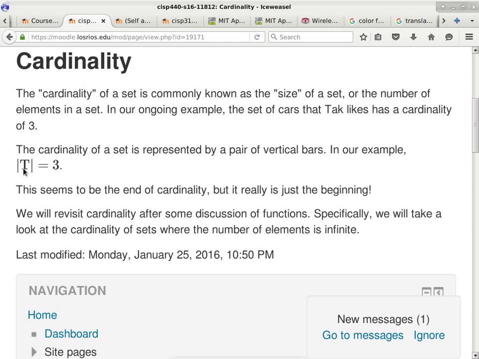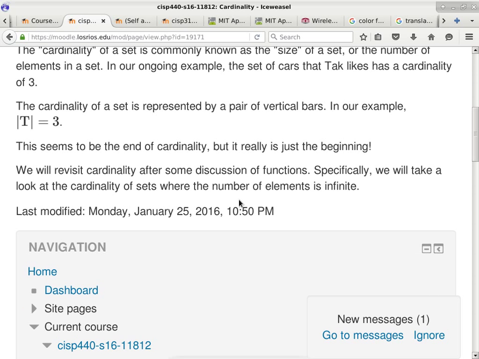The notation is just a vertical bar: you have one vertical bar on the left-hand side of the set, one vertical bar on the right-hand side of the set. That becomes the cardinality symbol, and in this case, the answer is 3. We will definitely come back and talk about cardinality a lot throughout the semester. But it's a fairly easy concept to understand.